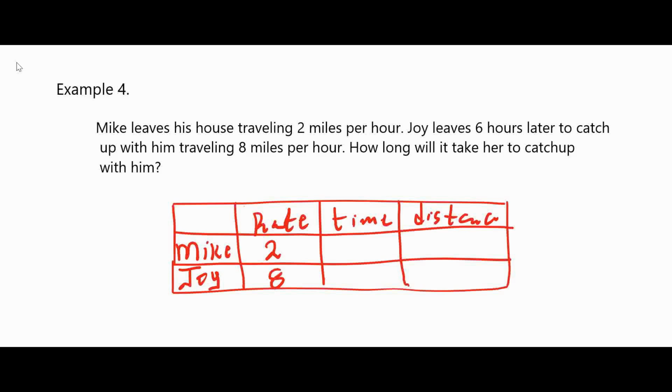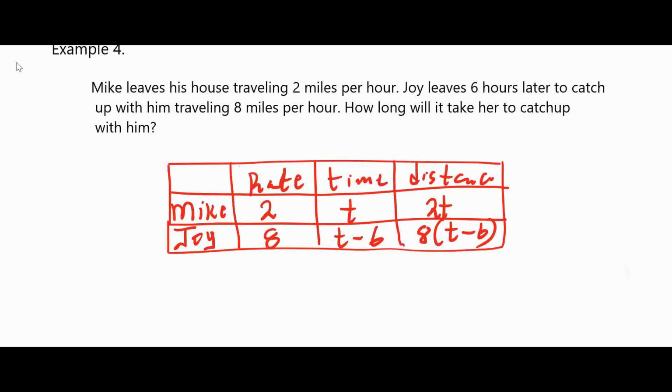So if Mike spent T time, because Joy left 6 hours later, we can subtract 6 from T. So automatically the distance traveled by Mike would be 2 times T, which is 2T, and the distance traveled by Joy would be 8 times (T minus 6).